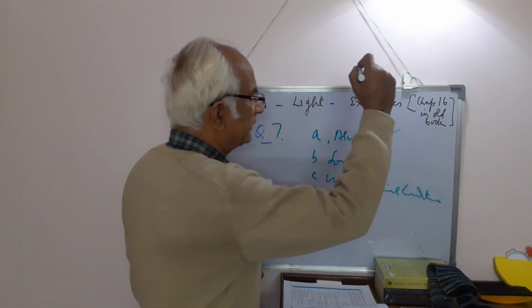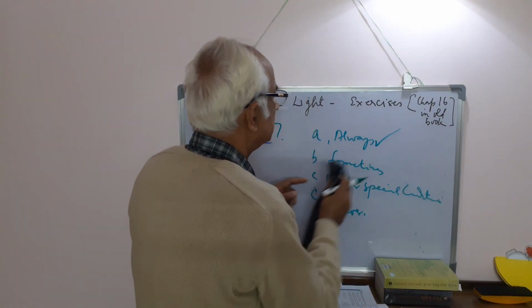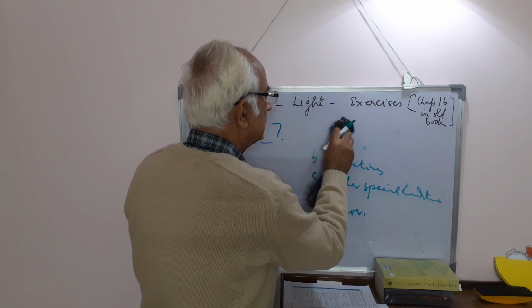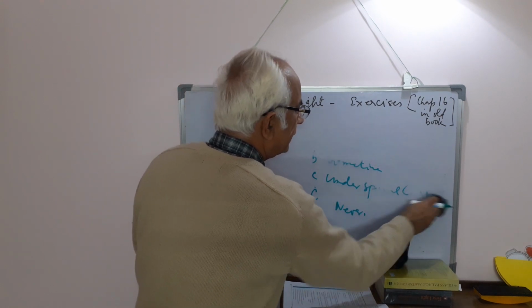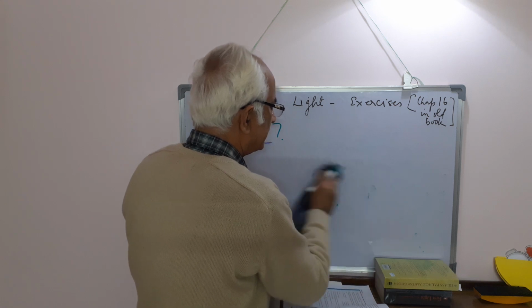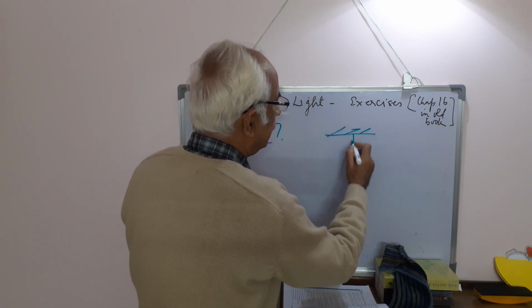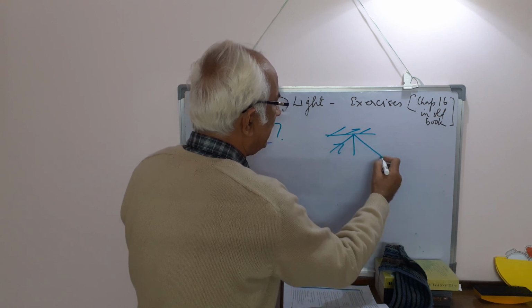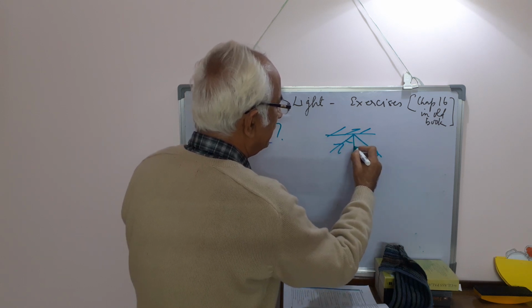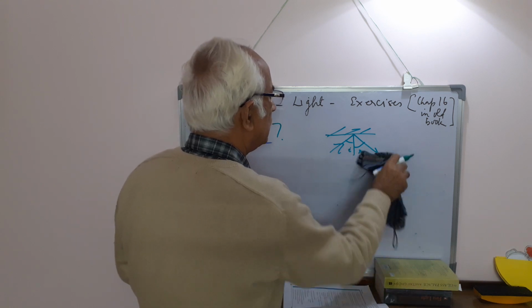So this is the right answer. Always. This is the mirror, this is normal, this is the incident ray, this is the reflected ray. This angle is always equal to this angle. This is I, this is R. I is always equal to R.